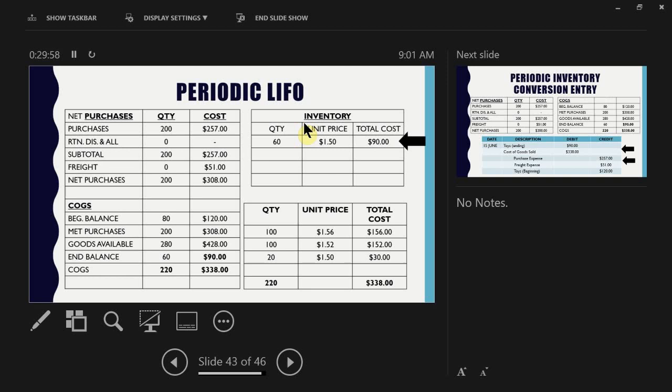So, again, the scenario is the same, except this time, instead of getting rid of our beginning inventory first, we're going to start from the bottom, from our latest purchases, and make our way up to the top.